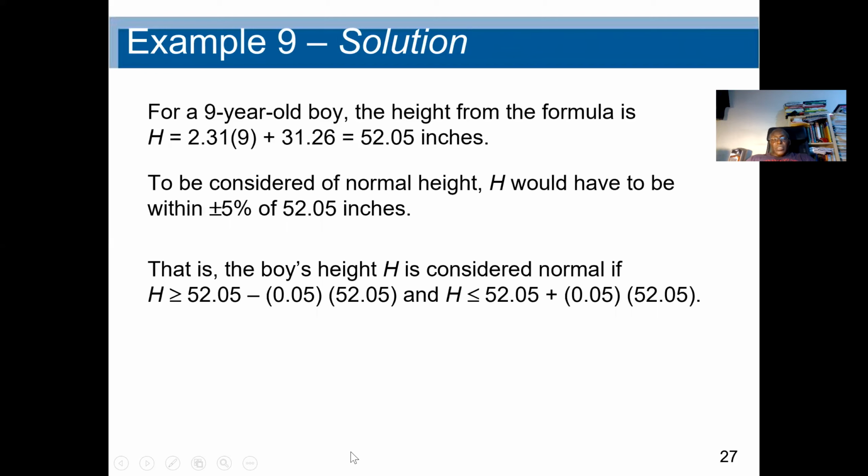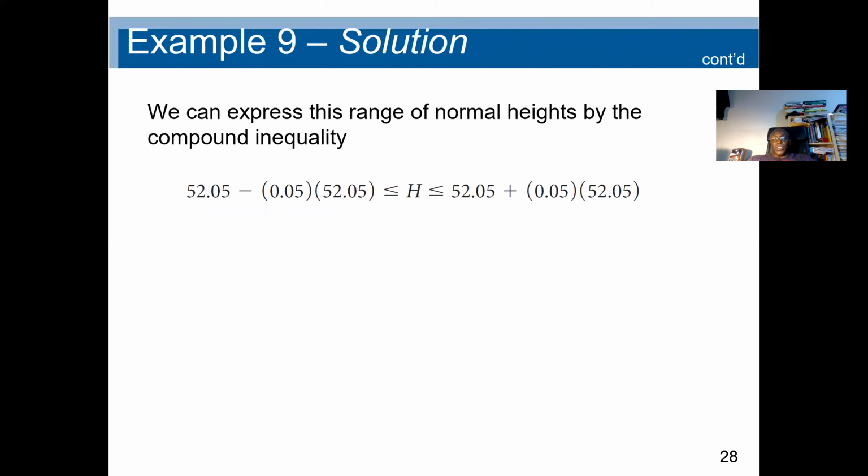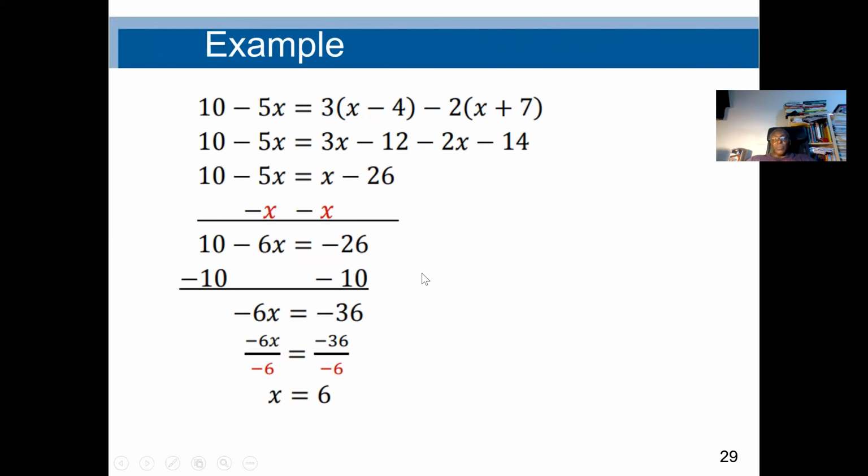This means that the boy's height h is considered normal if h is greater than or equal to 52.05 minus 0.05 times 52.05, and h is less than or equal to 52.05 plus 0.05 times 52.05. And later we get the interval, which will give us 49.45 and 54.65.